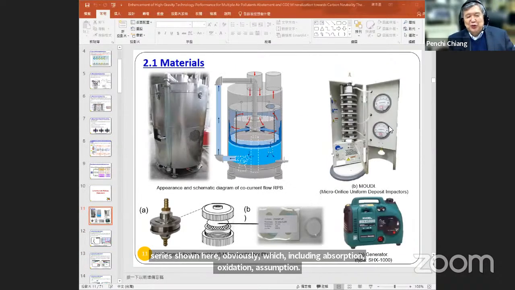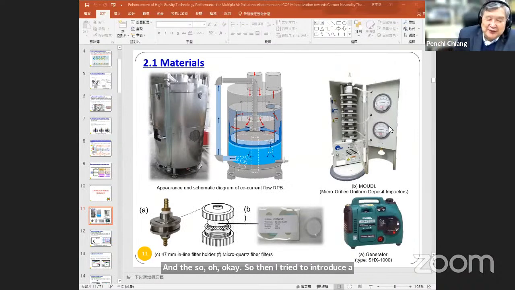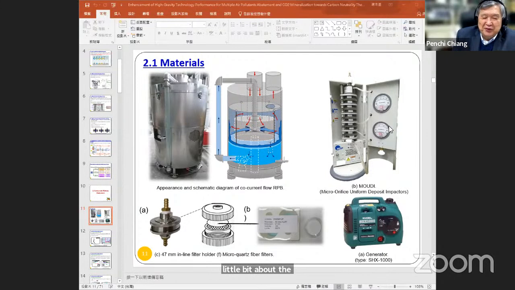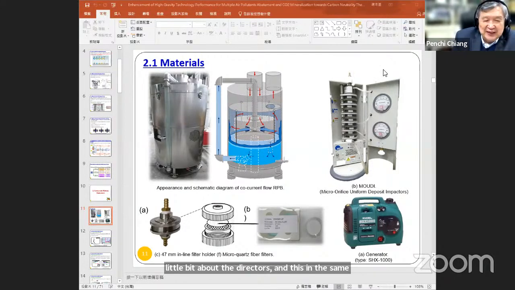Then I try to introduce a little bit about the reactors and some equipment for further study of air particulate metals. This is the typical G process you can see here, the so-called cross current flow pattern. In order to measure the air particulate performance, I believe all of you should be quite familiar with the Moudi process, which can identify the different sizes of air particulates removed by the G process.